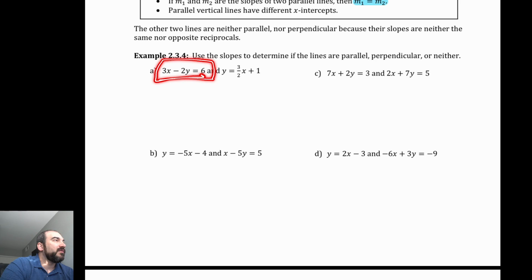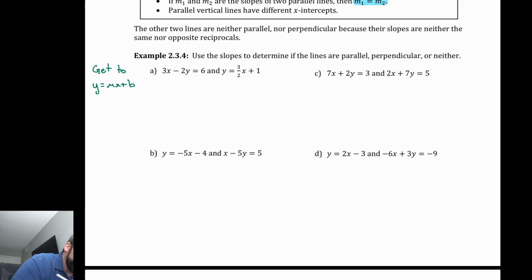Because slope equation is supposed to be y equals mx plus b. Good. So let me write that down on the side over here. You need to get to y equals mx plus b in the ones that aren't already in that form.